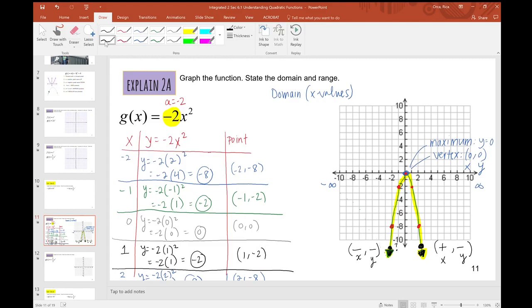And x begins at negative infinity, and it ends, once again, we're looking at x, at positive infinity. Another way to write negative infinity to infinity is by writing all real numbers. And that's our domain.